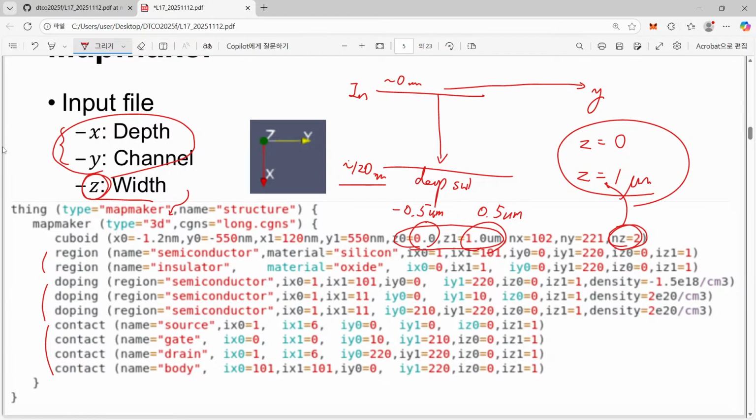And please note that although in this case we have used position in nanometer or micrometer, in this specification we always specify a certain position with an index. So now we have to use integer index numbers to specify a certain position.